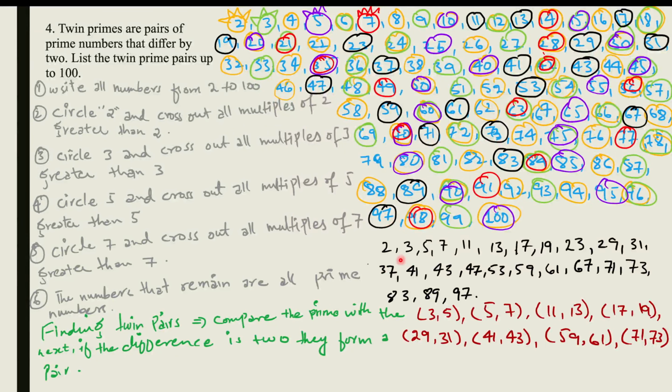All these numbers are left after crossing out the multiples of 2, 3, 5 and 7. We have listed them all in black here.